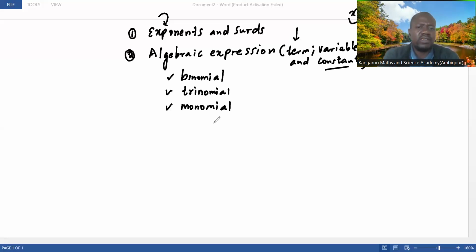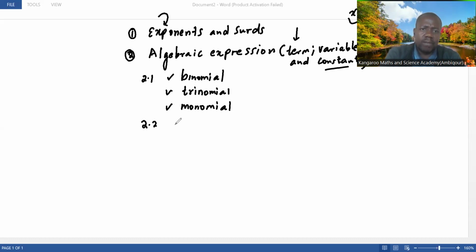It's very important for a learner to understand these things. It does not matter which grade you are in, whether grade 10, 11, or 12, you need to understand these basics.